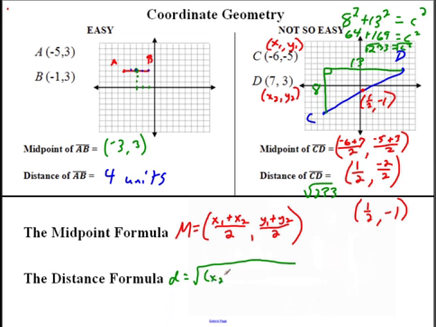Most people put x2 first, but it doesn't matter. Subtract your x's, x2 minus x1, and square it. Just like I squared the 13 up here. That's my x's. Then do your y's: y2 minus y1, squared. That's how I got 8, really. I was at -5 and 3, I just subtracted them and got 8. And then I squared it. That's how I got the 64. This is the formula that does it.